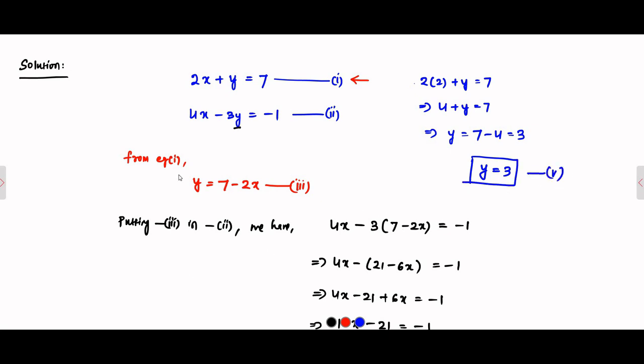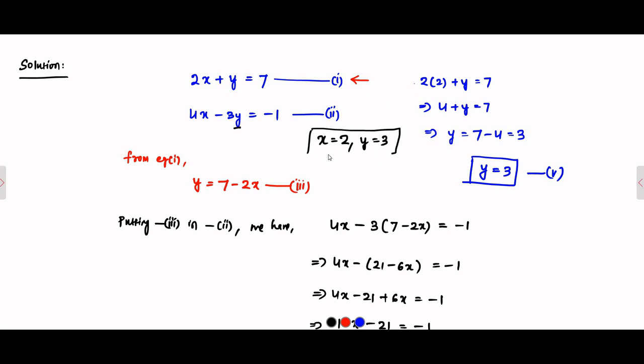So the solution of these two linear equations in two variables are x is equal to 2, y is equal to 3. Okay, this is the solution.